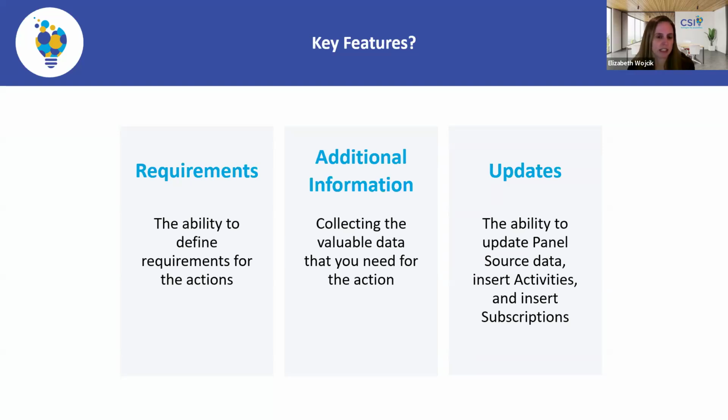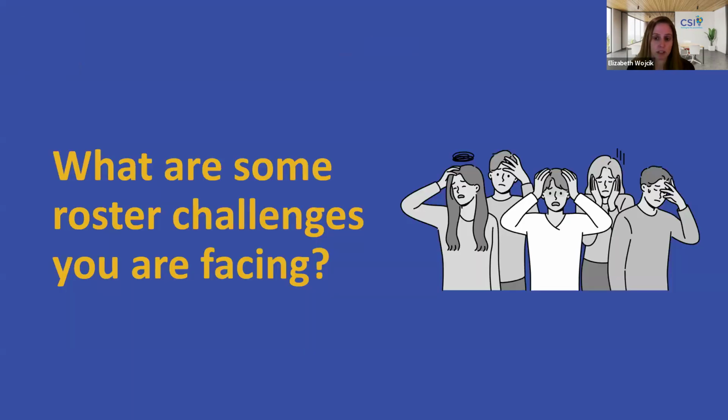But again, just extending the ability to automatically do those updates when they select. So I see a question on if one of the panel's fields is no longer with company, can this remove the individual's co-ID or replace the co-ID? Absolutely. So in cases where the action is removing people from a roster, you can update any of those panel source fields.